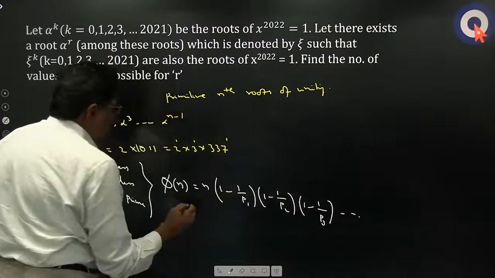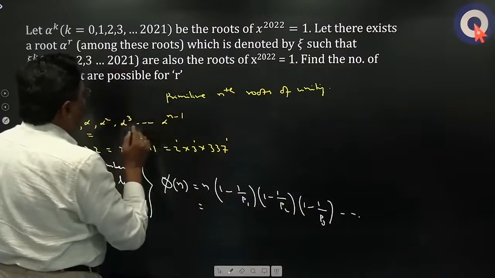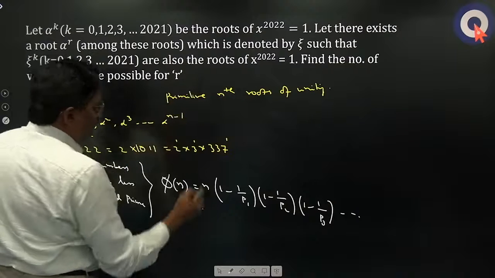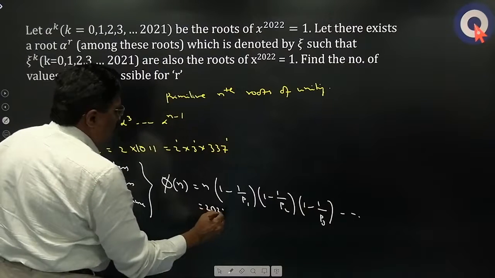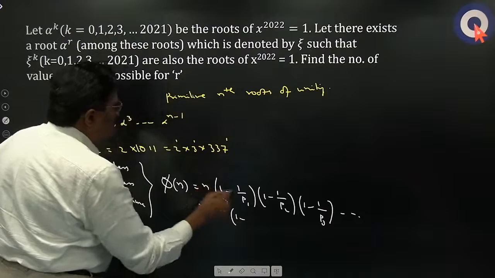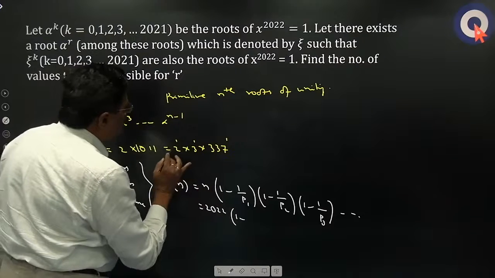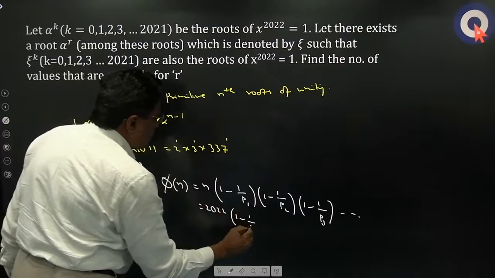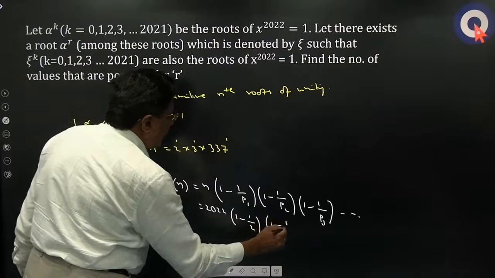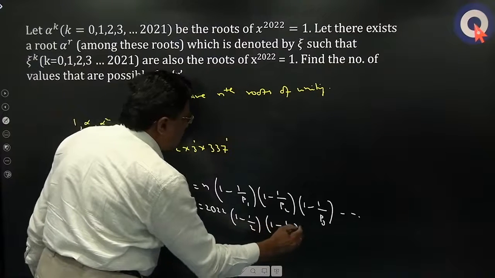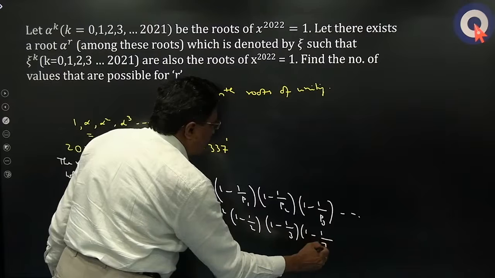So in this case, n is 2022 multiplied by 1 minus 1 by p, where the p's are the prime factors: 2 is a prime factor, 3 is a prime factor, and 337 is a prime factor.